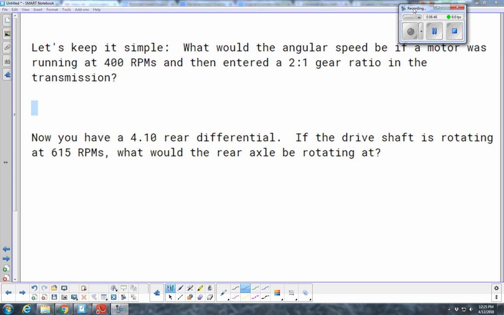Okay, let's keep it simple. What would the angular speed be if the motor was running at like 400 RPMs, which is very low? Okay, that's not realistic. I'm just trying to keep it an easy number. So 400 RPMs, right? And it goes into a 2-to-1 gear ratio in the transmission. So how did you do that? 400 RPMs, okay?